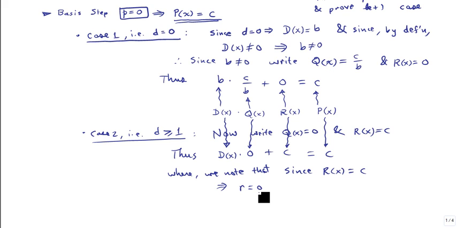And if the degree of my remainder is 0, this implies then that since we said that this is the case where the degree of the divisor polynomial is greater than or equal to 1, that in fact the degree of r is strictly less than the degree of d. Okay? So that completes, in the existence portion for my basis step, a proof for that step.